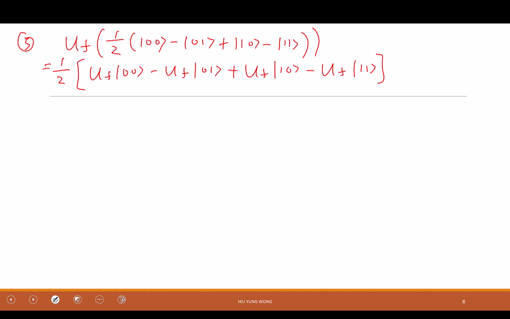And then what? It would be good if you can memorize this, right? What does it do? U_f applied to x, y gives me what? x, y exclusive-or what? f of y or f of x? f of x.